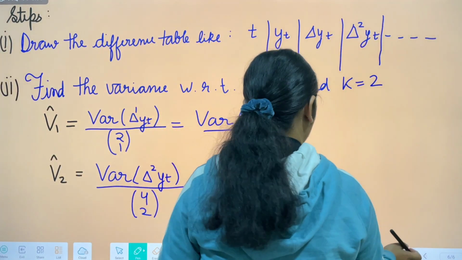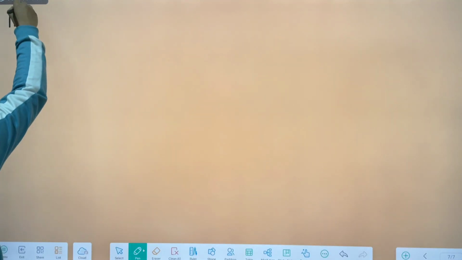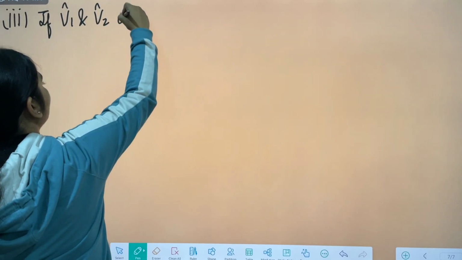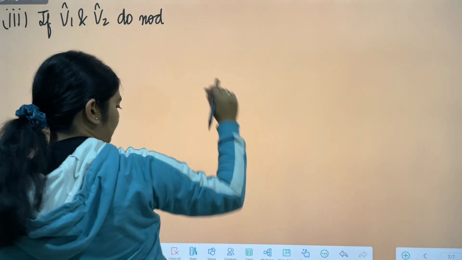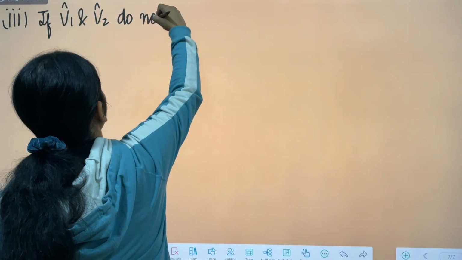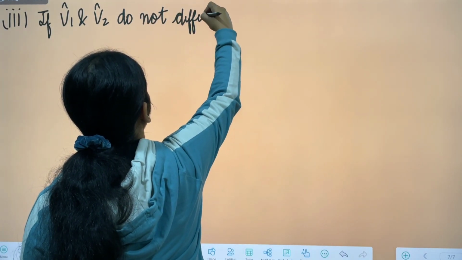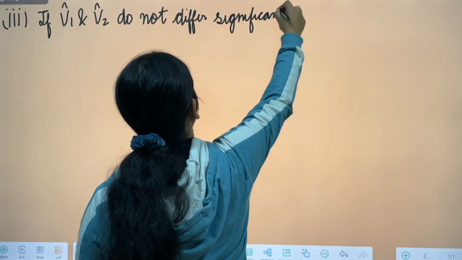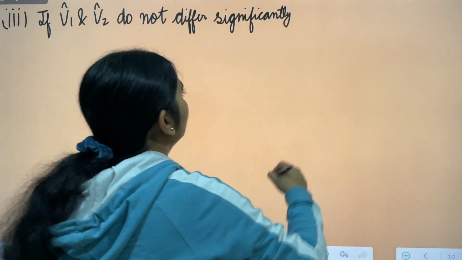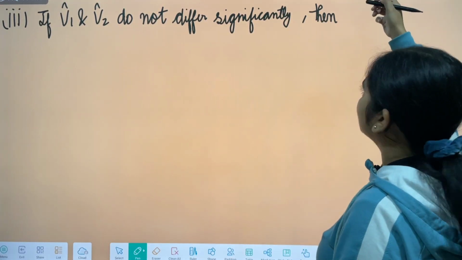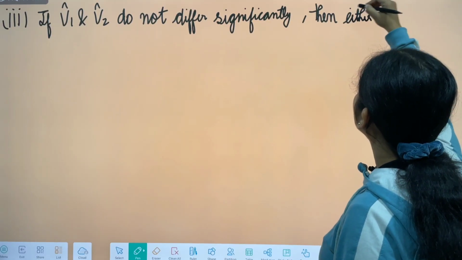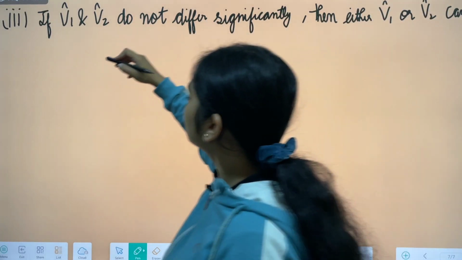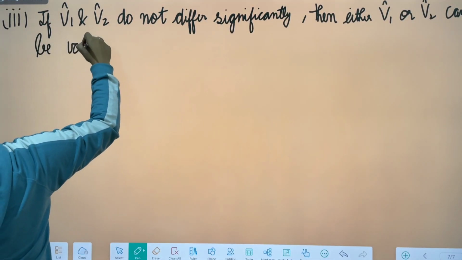The third step involves this: if v1 and v2 do not differ significantly, then either of them can be considered as the variance.